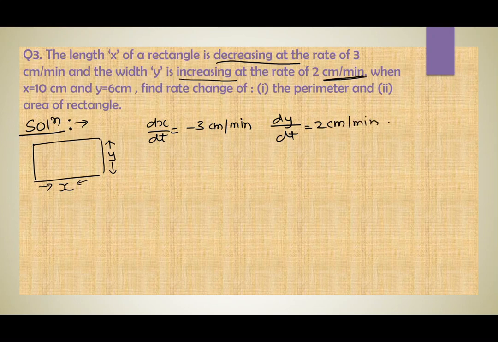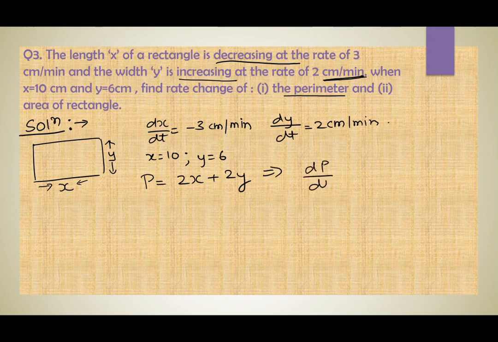अब इस केस में सबसे पहले आप लोग क्या करोगे, x equal to 10 दिया हुआ है, y equal to 6 दिया हुआ है, you need to find the rate of change of the perimeter. Now what is perimeter? Perimeter is sum of all sides, so that is 2x plus 2y. Rate of change of perimeter निकालना है, इसको differentiate करना पड़ेगा and you need to differentiate with respect to t. तो dP by dt कितना आएगा?